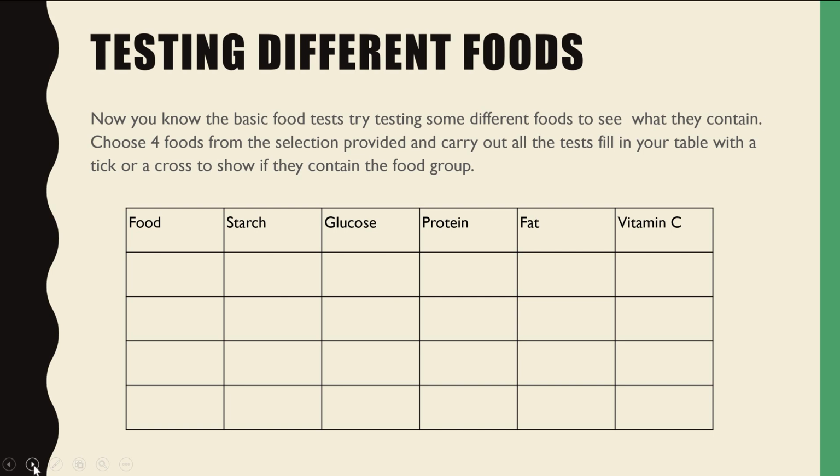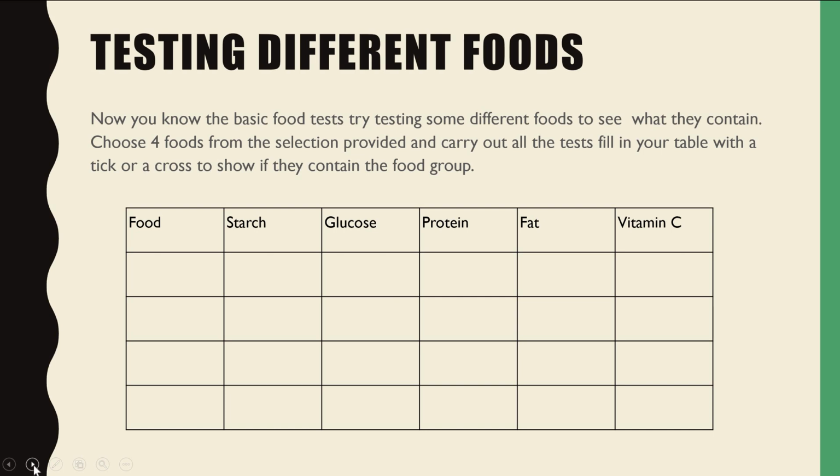So what I would like you to do is to choose 4 different foods and then just do a little bit of research online to find out if they contain starch, glucose, protein, fat and vitamin C. So for example, in the classroom, usually I would give you things like bread, cheese, maybe some milk, some orange juice, so foods like that. So have a think about which foods you would like to find out.